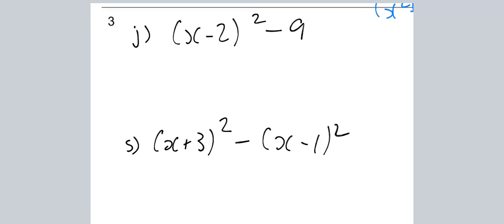And we'll start off with this one, x minus 2 all squared minus 9. Most people's initial reaction is to expand the x minus 2 all squared. Okay, but if you did that, you've missed a trick. Because, again, this is really like A standard thinking here, because it's unfamiliar.